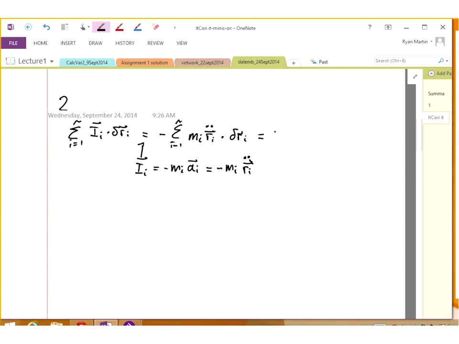So this is equal to minus the sum of i equals 1 to N of m_i r_i double dot dotted with, and now we'll put the sum in from j equals 1 to little n of partial r_i vector by partial q_j delta q_j.